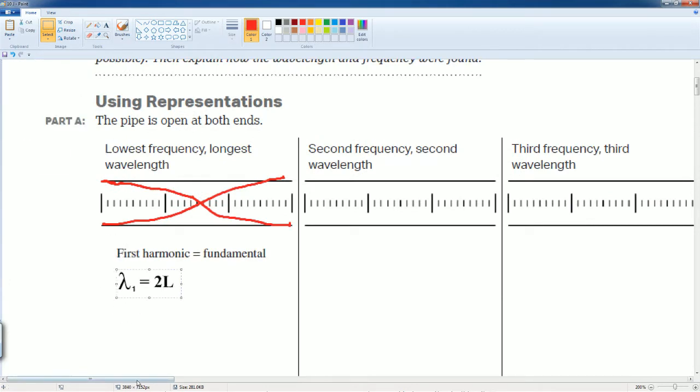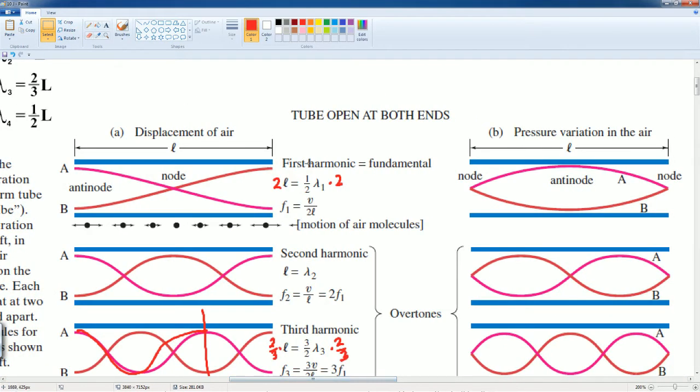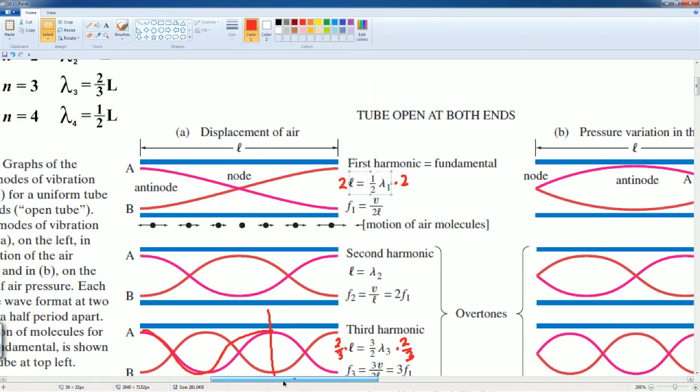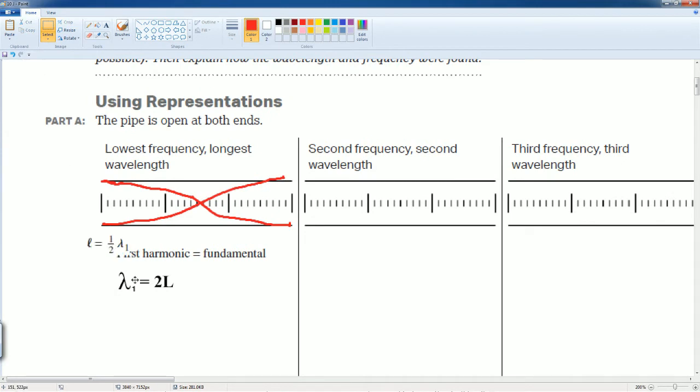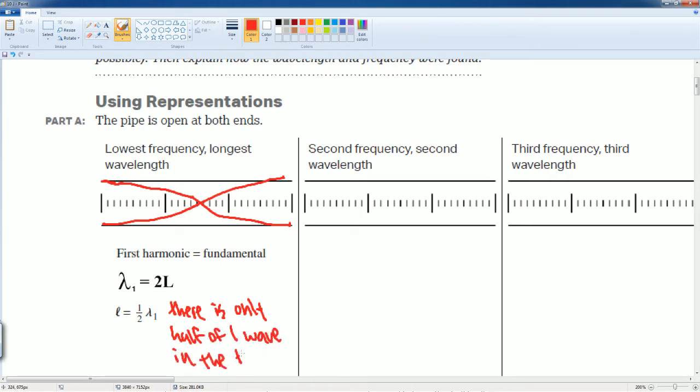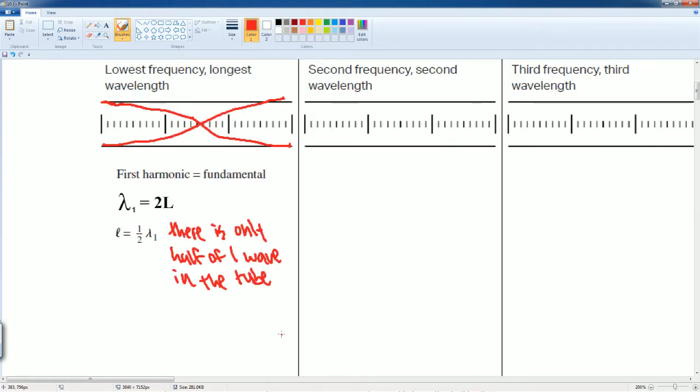And the reason why is because it has 1/2 of a wavelength, because there is only half of one wave in the tube. All right, so this is the longest wave.